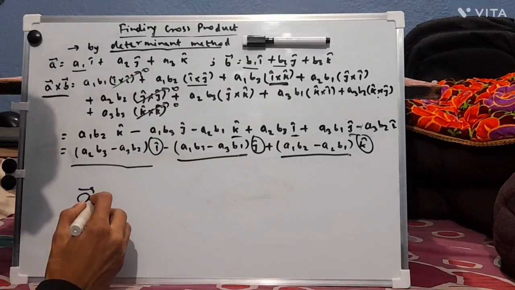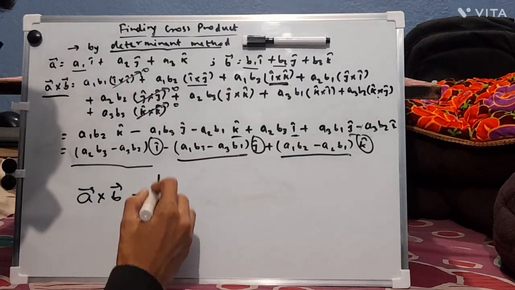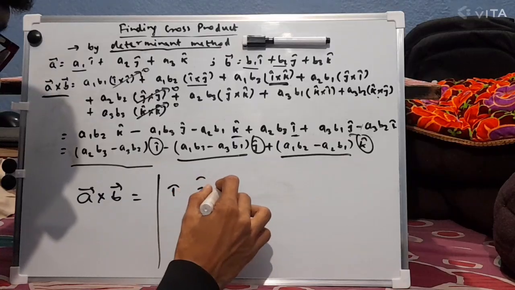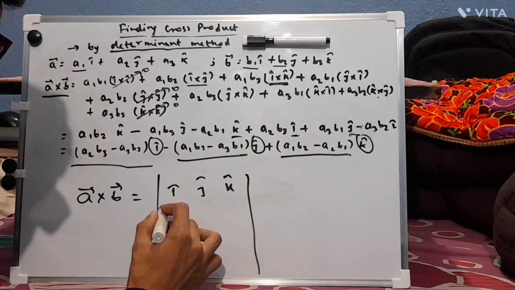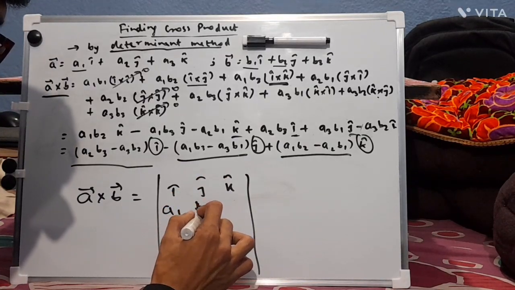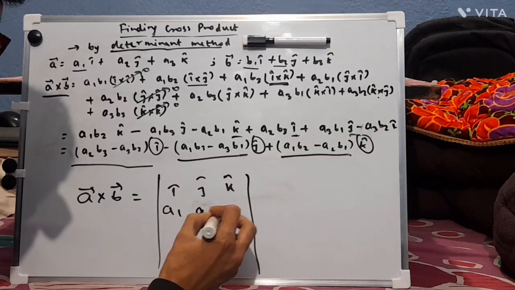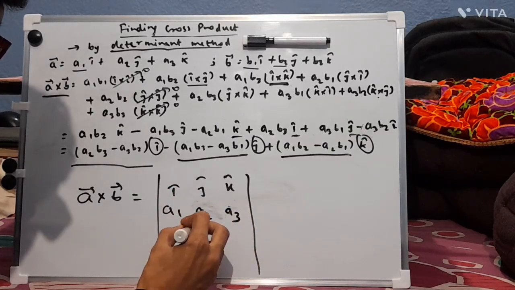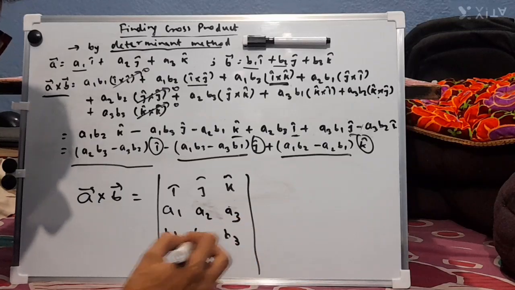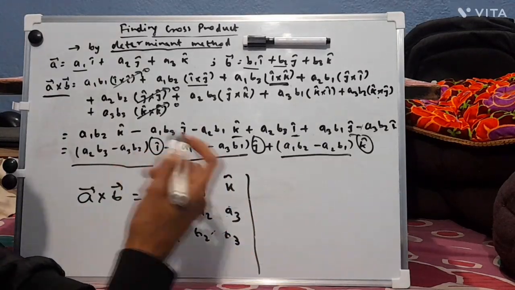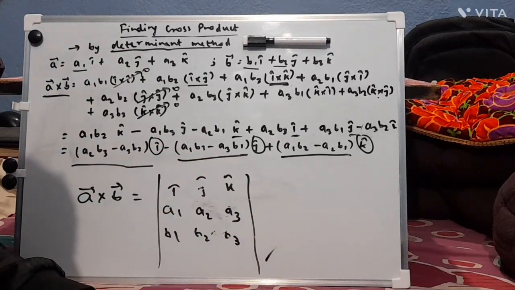So we can easily write A cross B as the determinant of these vectors. Simply write down i, j, k, then a1, a2, a3, and then b1, b2, b3. It's very simple. You must have read it in the determinant topic. If you do some questions, you will find out how it can be executed.